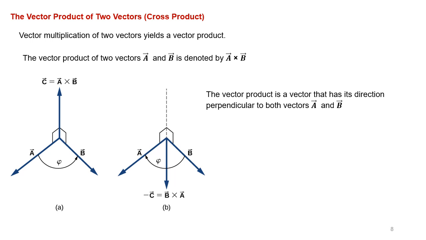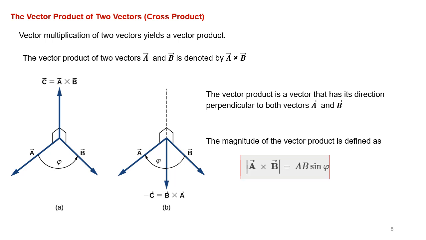So the vector product is a vector that has its direction perpendicular to both A and B. How to find the direction, I will discuss in the next slide. Here, how to find the length of this vector, or the magnitude of vector C: the magnitude of A cross B is equal to AB sine phi.